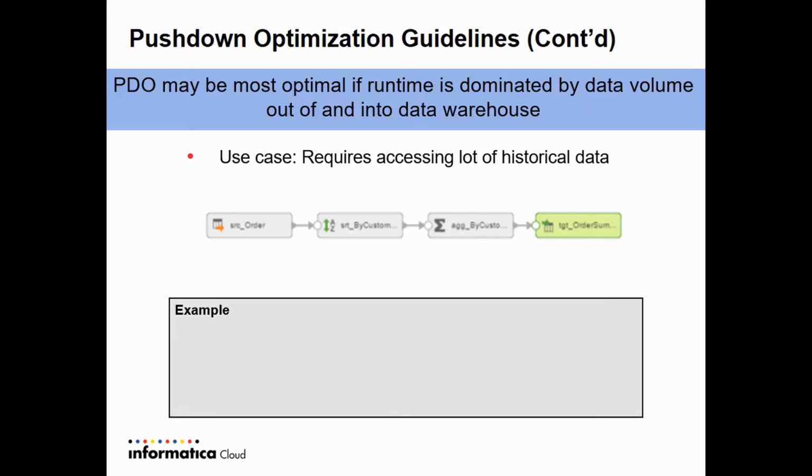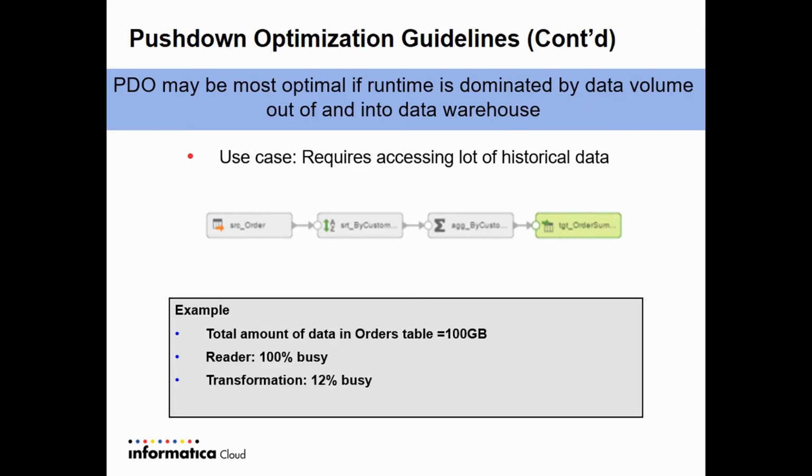Let us consider a situation where the total amount of data in a table called orders is equal to 100 GB. If such a huge amount of data is read from the source, the data reader of the secure agent fully engages the system in this process. Once the data is read, transformation of data utilizes the space by acquiring the memory caches and utilizing the RAM to a great extent.